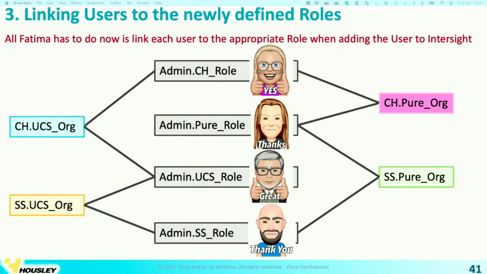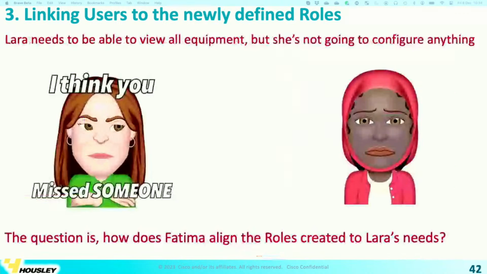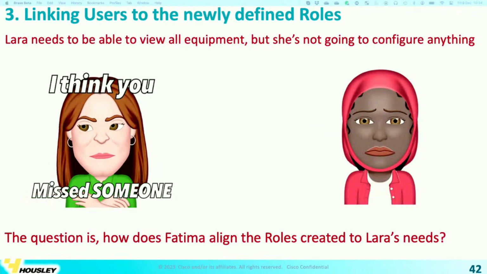Now, linking these users to those defined roles is all we've got to do. It's pretty simple, really. If we've got Bell up there at Coffs Harbour, she's linked over to the UCS organisation, she's linked over to the Pure organisation, and so forth. Okay, so that's those four taken care of, but I think we missed someone.